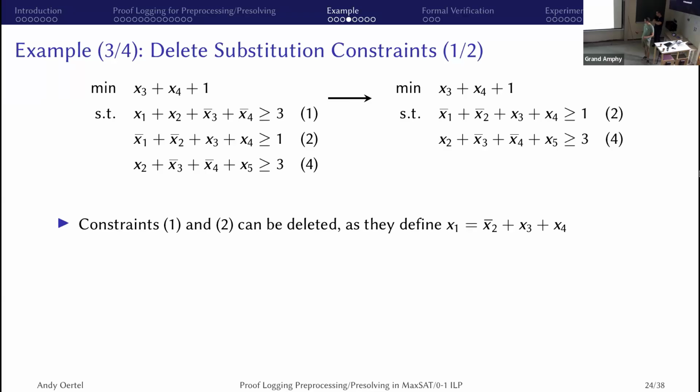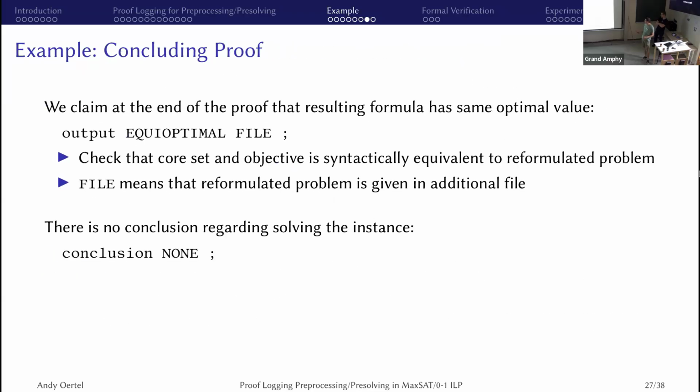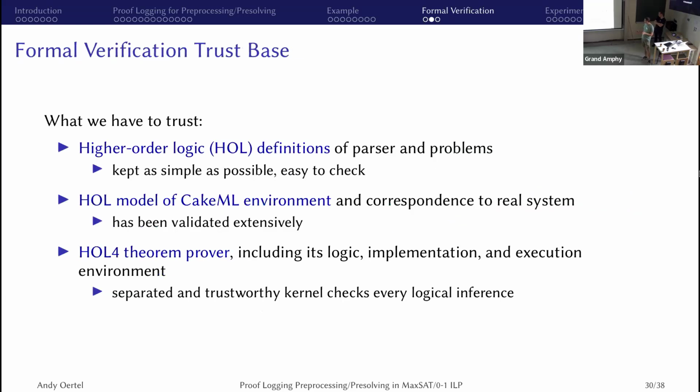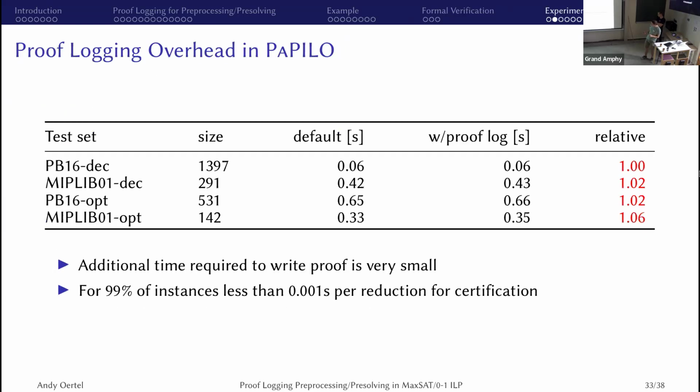That's especially true for the experiments with the PaPILO presolver, where we have very low time for logging, basically because we don't spend a lot of time on writing this.